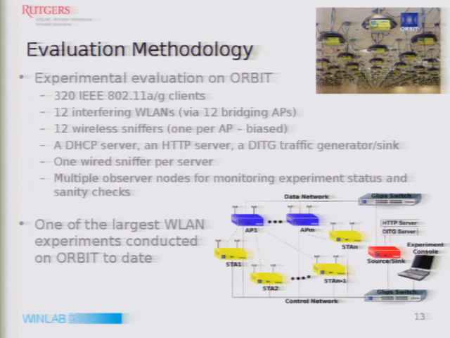We also had observers to see if the experiment is actually working the way we want it to work. Once you have this number of stations and clients, you don't really know what's going on when you do the experiment. You really need to keep track of it. So it's probably one of the largest experiments conducted with this thing.